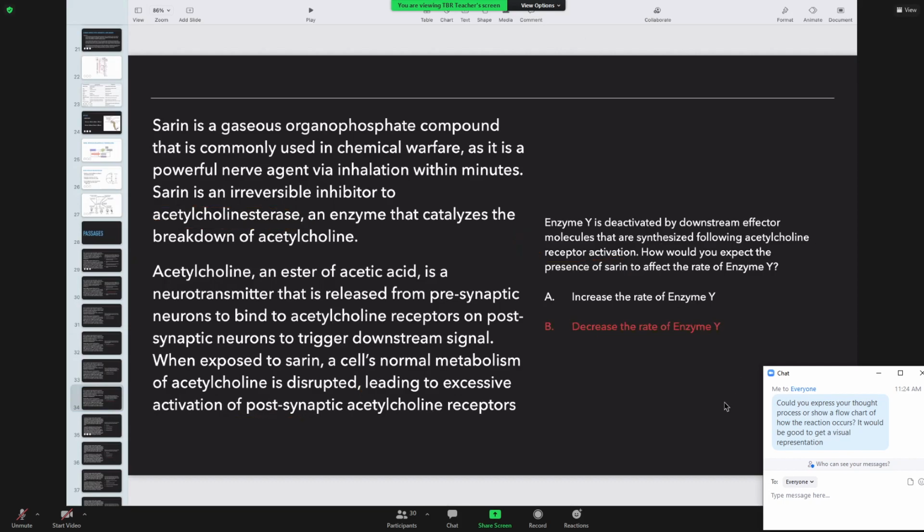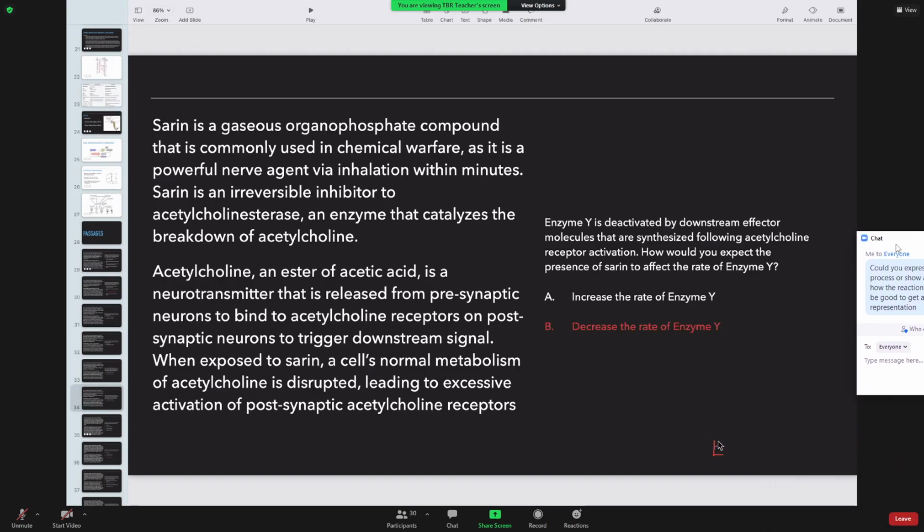In my mind, I see enzyme Y. So ACh has a negative effect on enzyme Y. Enzyme Y is deactivated by downstream effector molecules synthesized following receptor activation. So more acetylcholine will have a negative effect on enzyme Y.